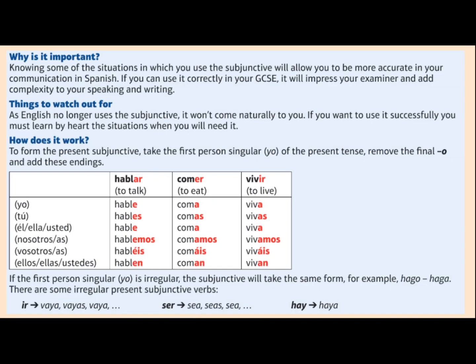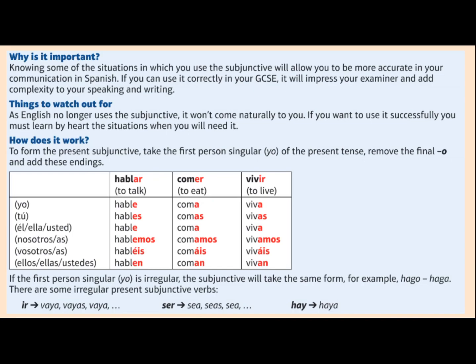So you all know how to conjugate verbs. It's coming from that I, you singular, he, she, it, we, you plural, they structure. So we take the first person singular of the present tense of the verb. We remove the final O and add the ending. So I'm going to explain that again more clearly. If we take the verb hablar, which means to talk, and we want to say I talk or I speak, essentially, we would say hablo.